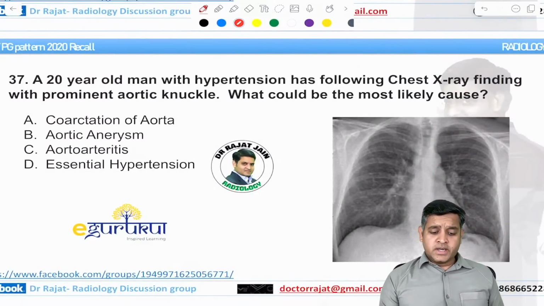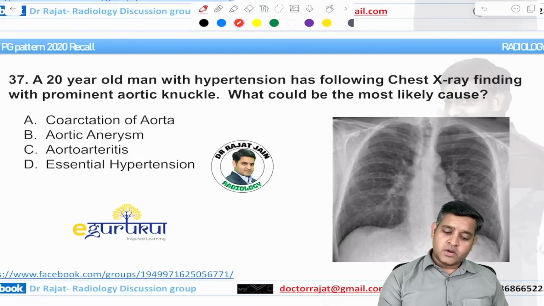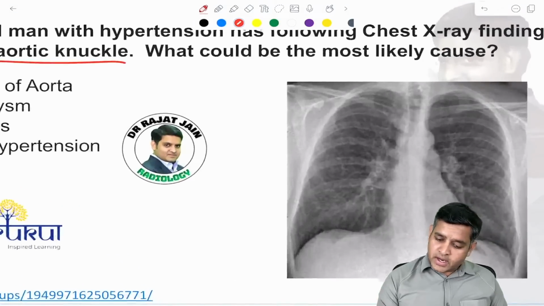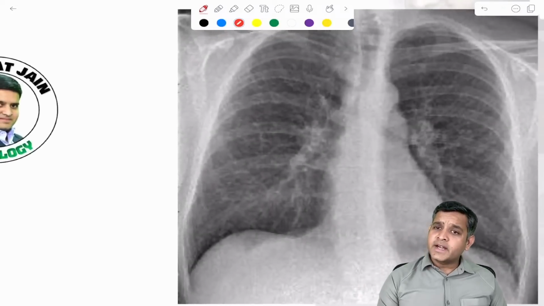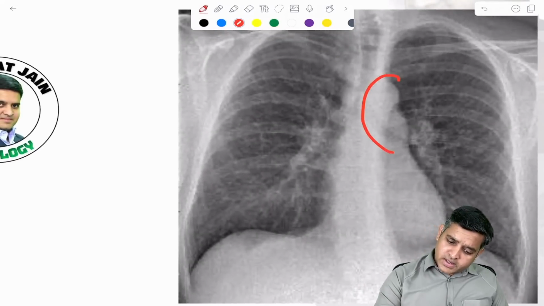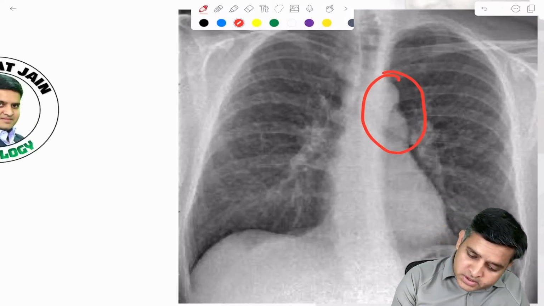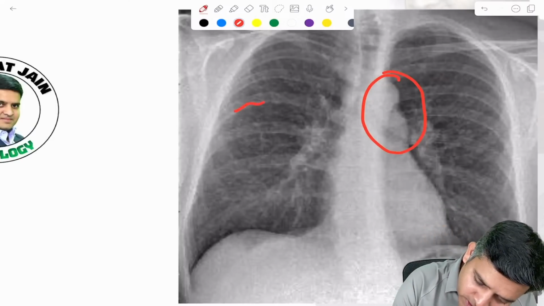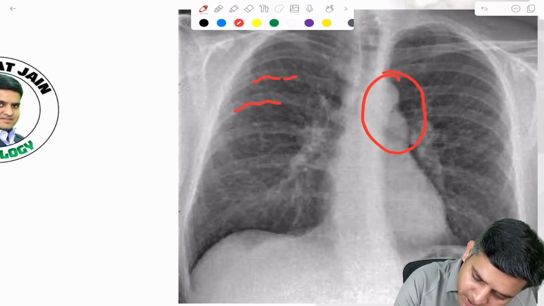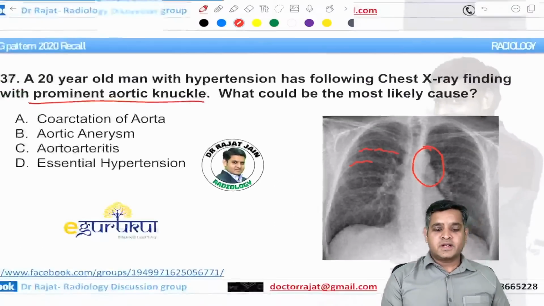37. A 20-year-old man with hypertension has the following chest X-ray finding with the prominent aortic knuckle. The image is not very great, but I think you can easily see this reverse 3 sign. You could also see some scalloping of the inferior rib margin.